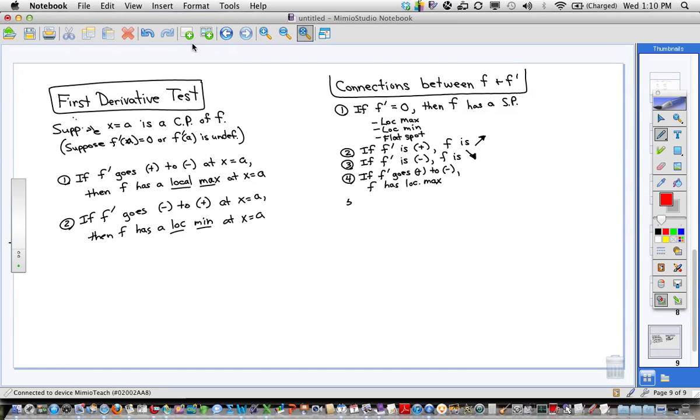And if f prime goes negative to positive, f has a local min. Right? Okay, that pretty much is everything from positive and negative.